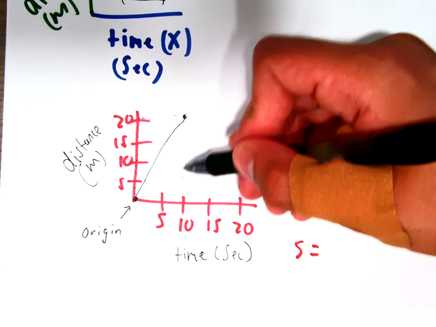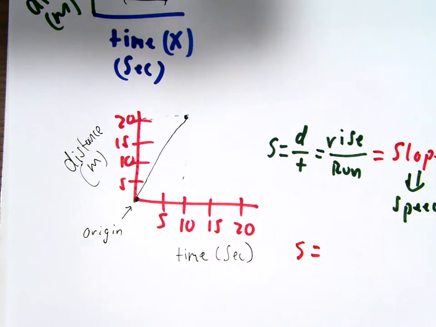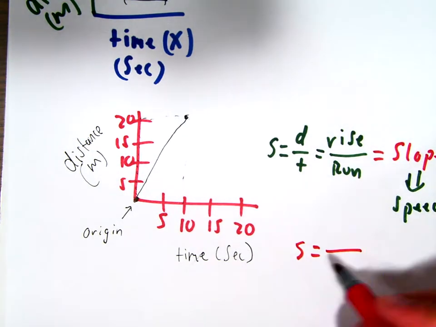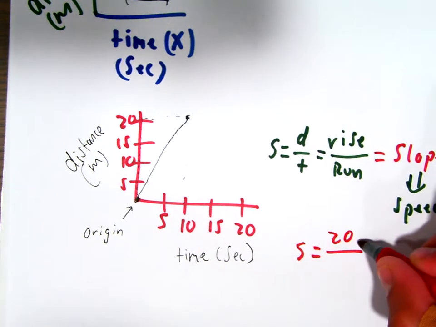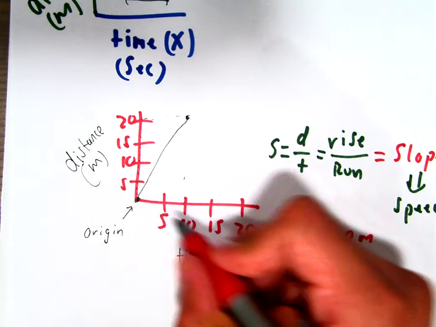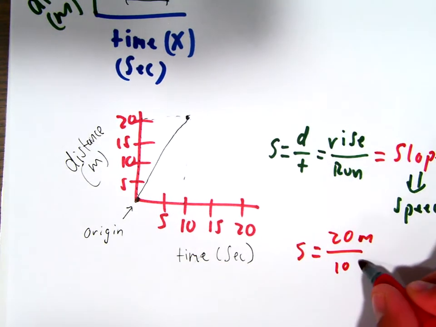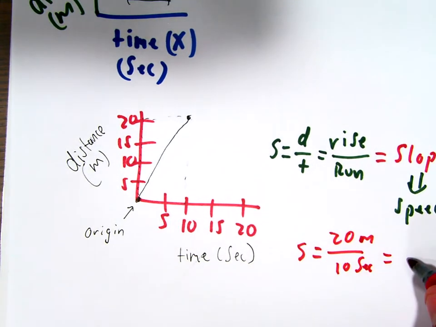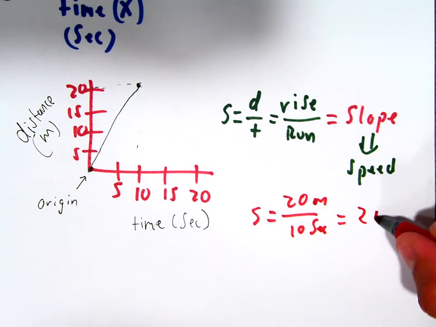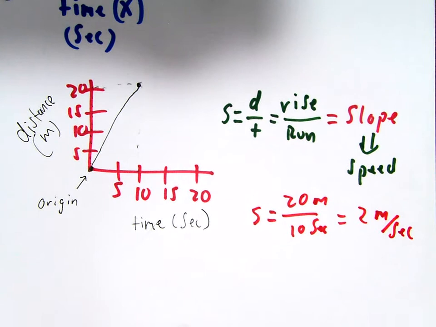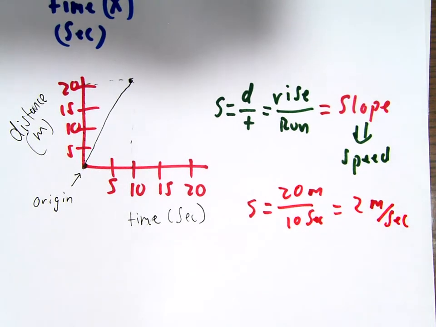I finished at 10. So my rise is 20 meters. My run is 10 seconds. In other words, 20 divided by 10 gives us 2 meters per second. Meters per second. We can't forget those units. Okay? That's how we calculate speed.